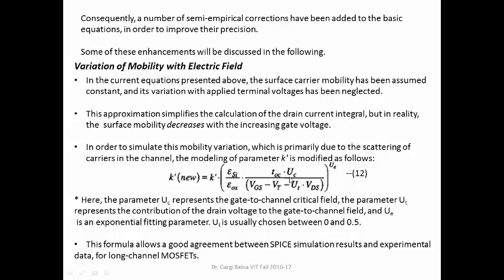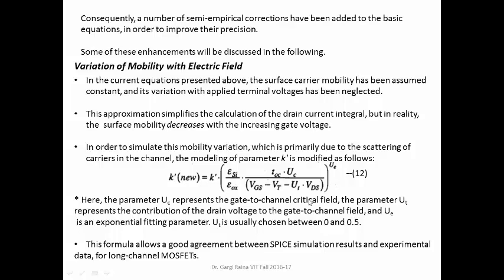So what does UC represent? UC represents the gate to channel critical field. The parameter UT represents the contribution of the drain voltage to the gate channel field, and this whole expression is raised to the exponent of UE, where UE is an exponential fitting parameter, and generally UT is chosen between 0 to 0.5.